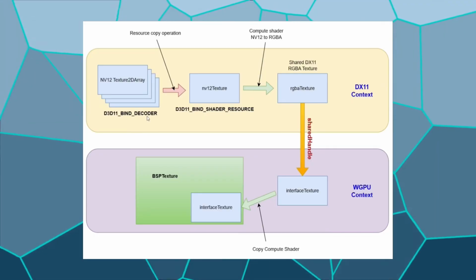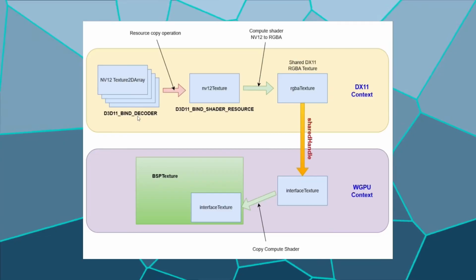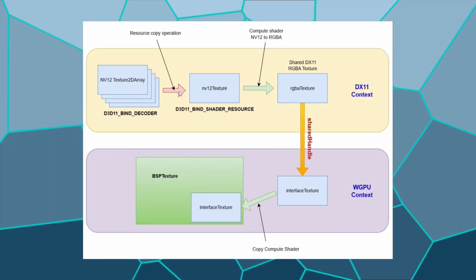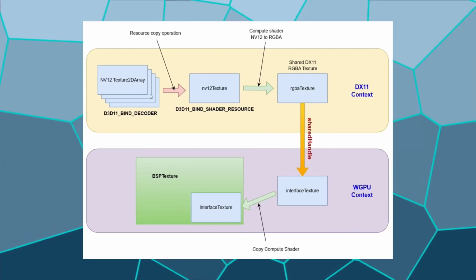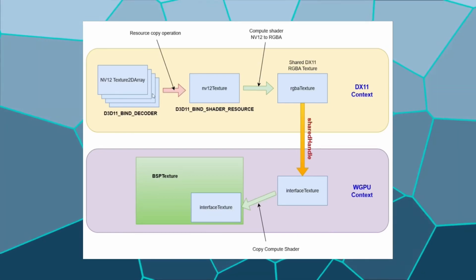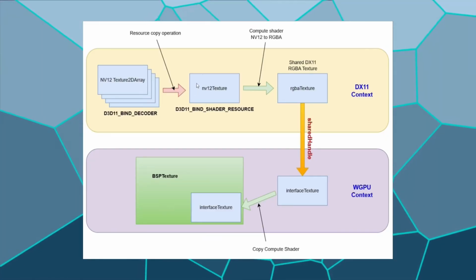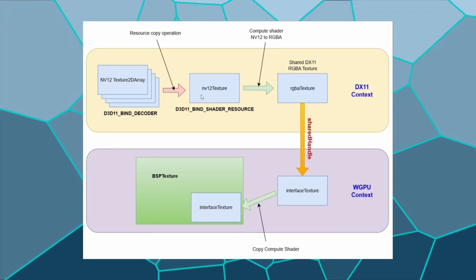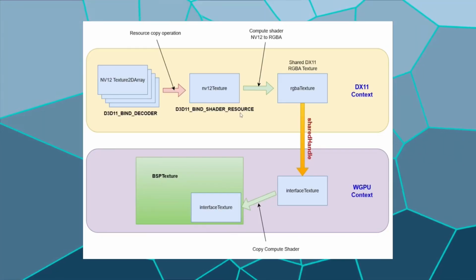We started with a texture array provided by FFmpeg in NV12 format, and with this decoder bind decoder flag. As we said, we could not really use this for anything, so we have to do a simple copy first, and in the process we're going to extract the layer of interest, which is also provided directly by FFmpeg. And in the end, we get a new texture where we can provide the bind shader resource flag.